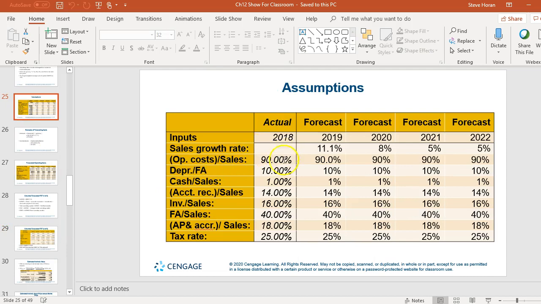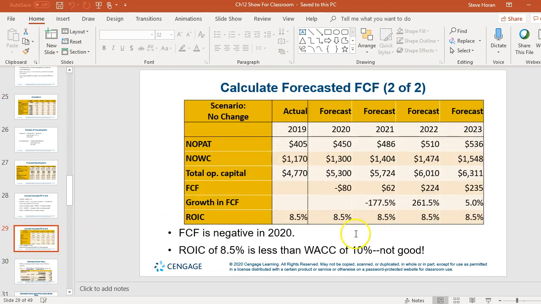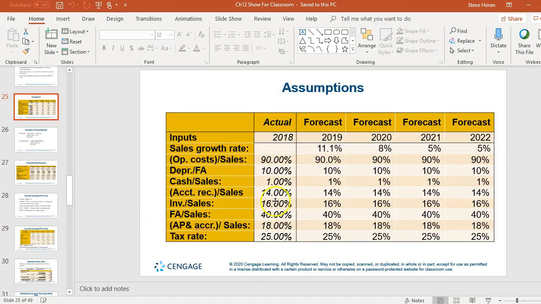Remember, we just set all these ratios in 18 as constant in the future. So now that I know if I project my growth this way, I'm really not doing myself any favors. What I should really be doing is going, what can I do operationally to change these ratios for the better, right?